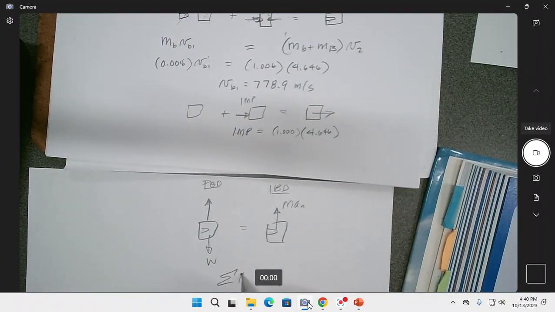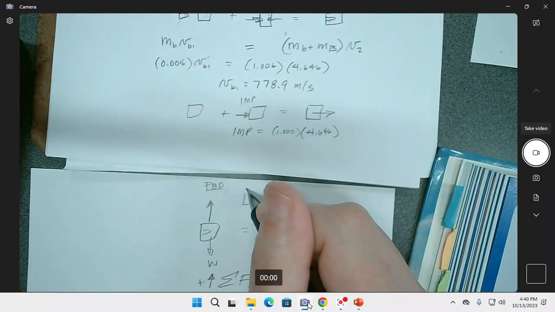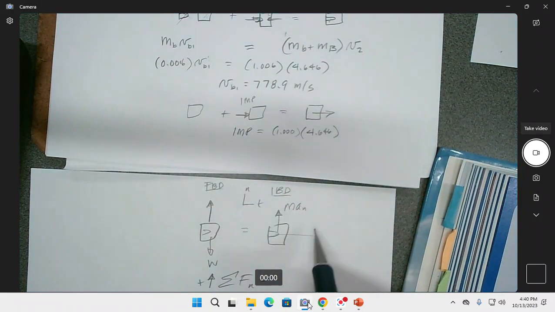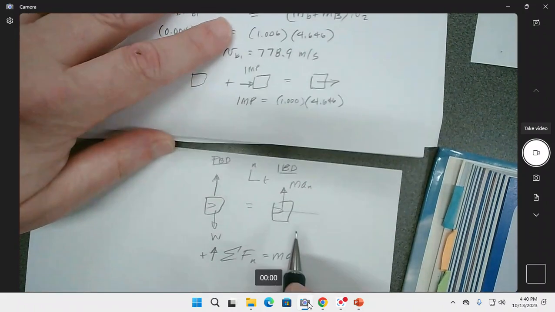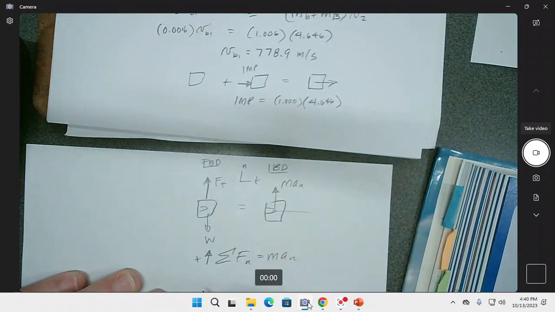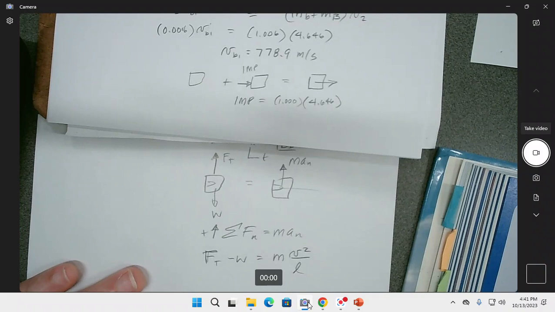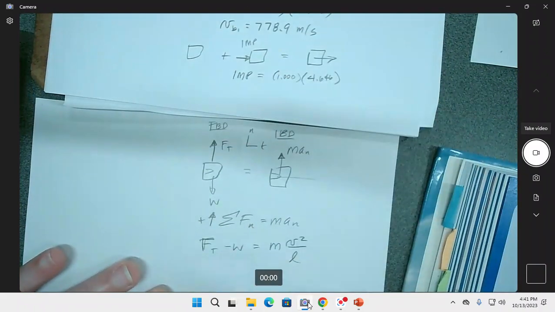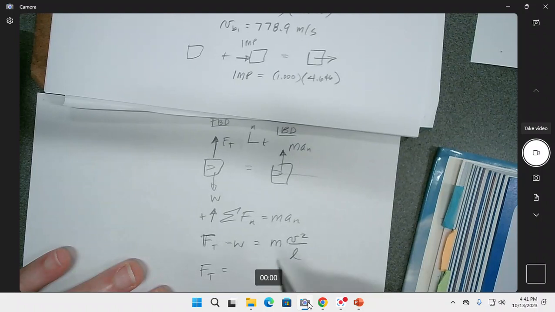So the sum of the forces in the normal direction, which we assume we can make positive, Ft minus W is going to be equal to mv squared over L. So it's just going to be mg plus mv squared over L.